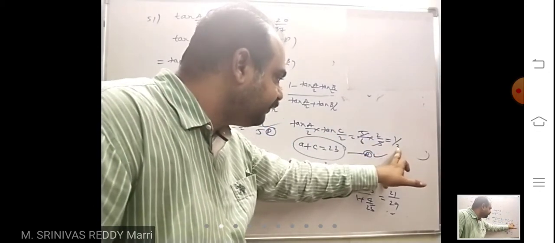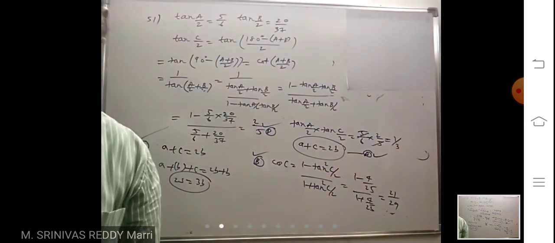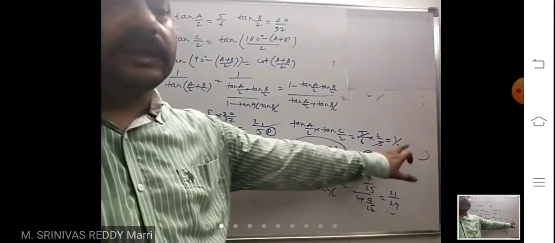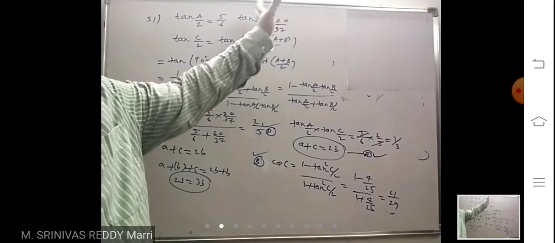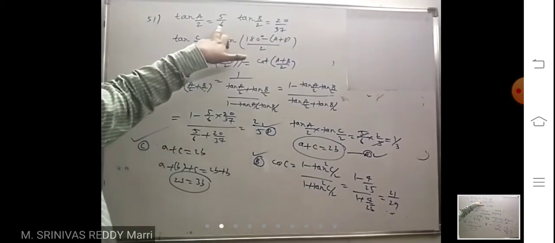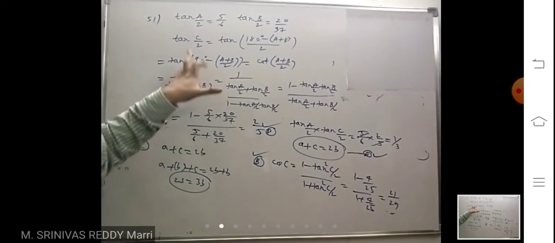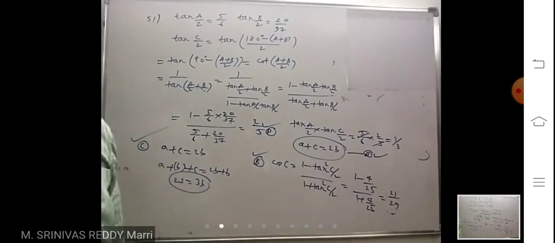If the product of the tan half angles is 1 by 3, you have the formula. If the given pair's product is directly 1 by 3, you get the condition right there. Here it is not 1 by 3, so you calculate the other angle and check which product is 1 by 3. Then you will get the relation between the sides of ABC.